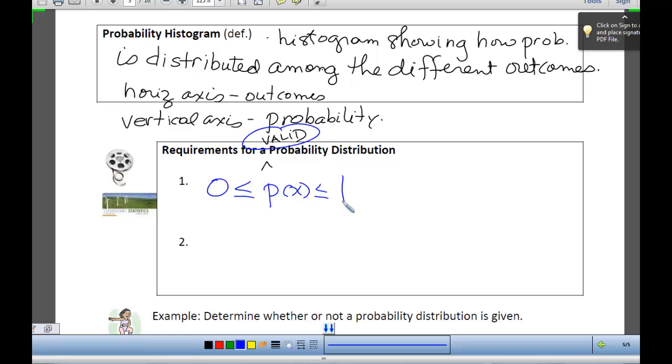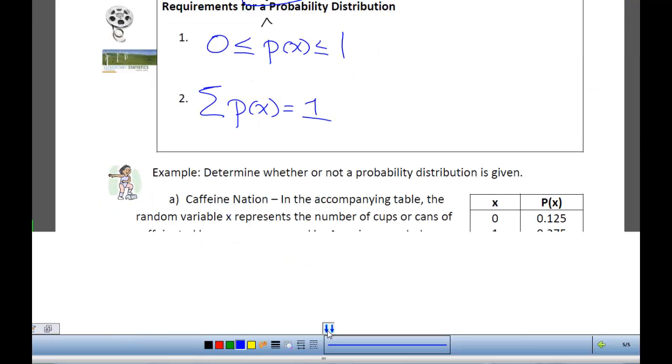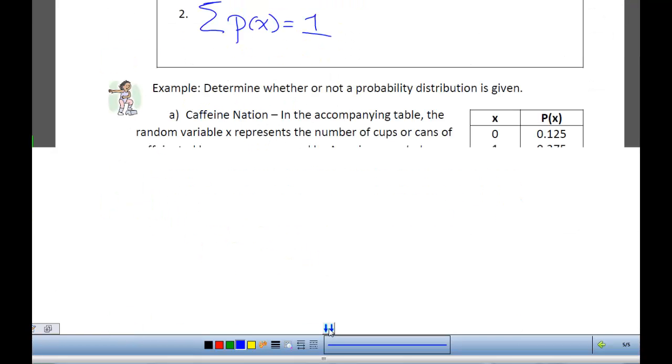Every value in the probability has to be between 0 and 1. And the last requirement is that the sum of all of the probabilities has to be equal to 1. When we add up all of our probabilities, we get a total of 1. Okay, so determine whether or not a probability distribution is given.